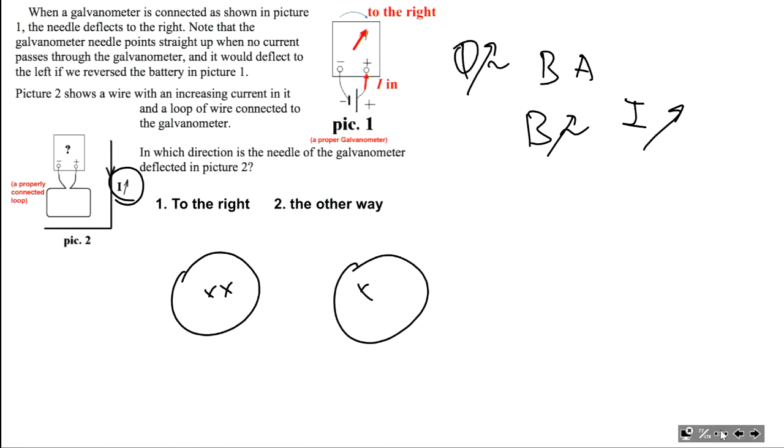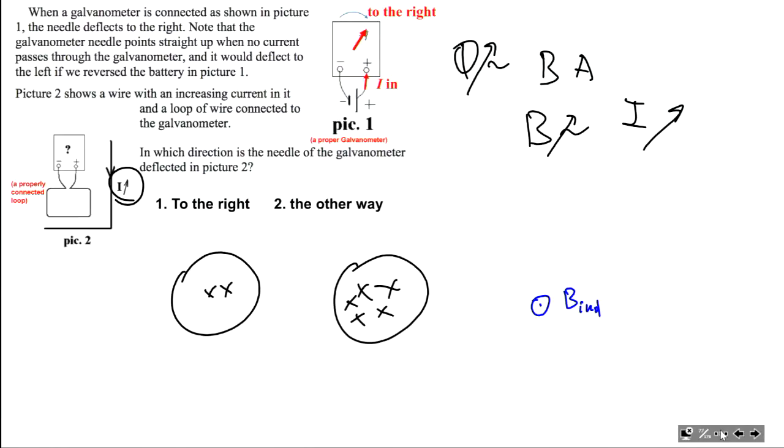So the second picture should have more magnetic field lines. Now we use that rule to slow down the change. The induced magnetic field should be opposite to the external.